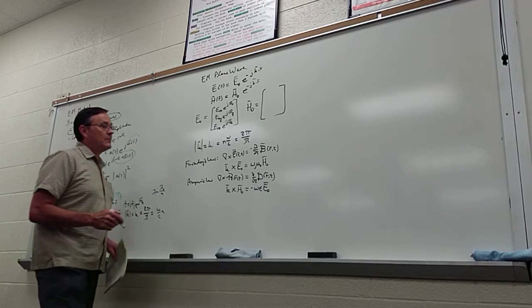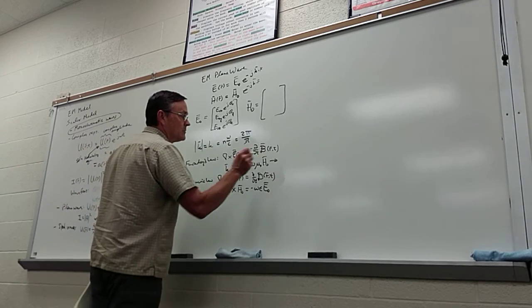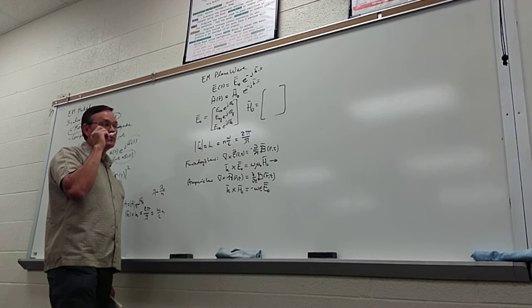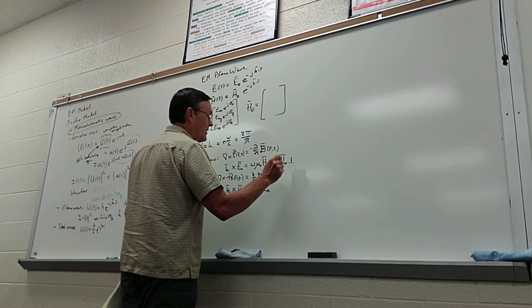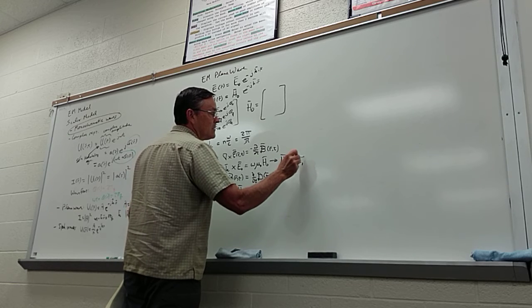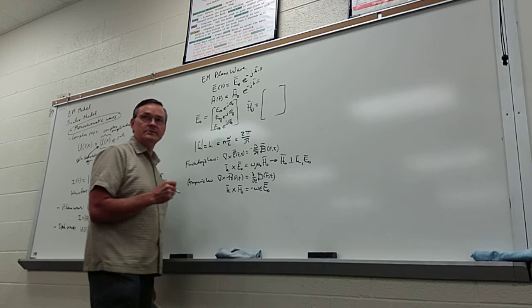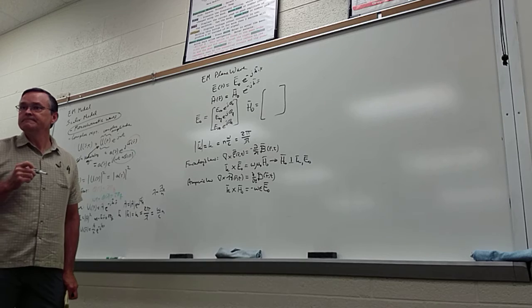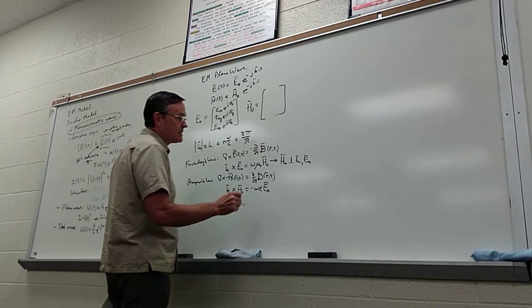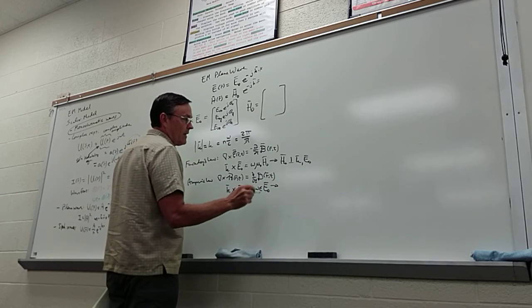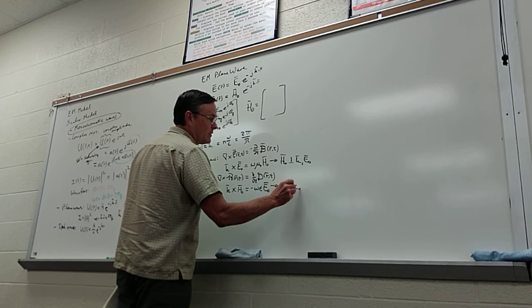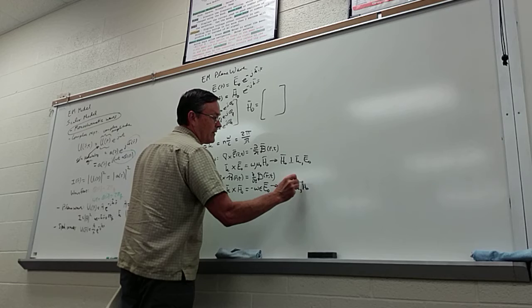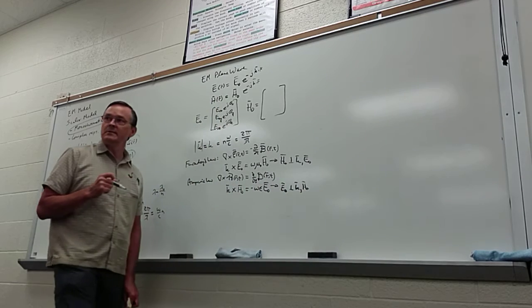Okay, so from this expression, we learn what? We learn that H naught is orthogonal to the wave vector and the electric field vector because of the nature of the cross product. From this, we learn that E naught is orthogonal to the wave vector and the magnetic field vector.